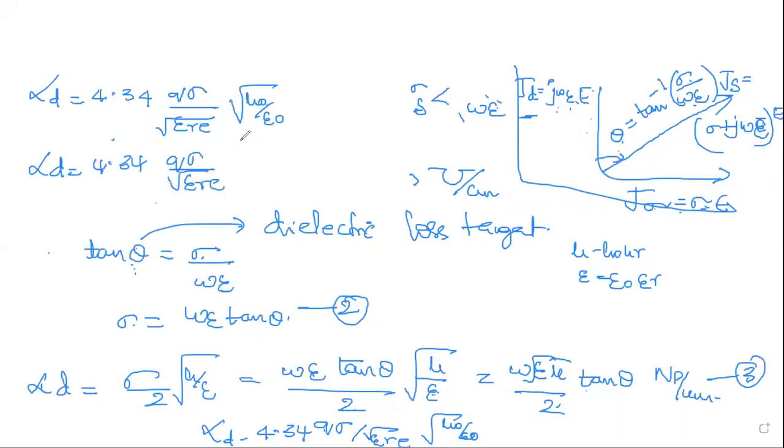This is 4 pi into 10 to the power minus 7, and 8.854 into 10 power minus 12.